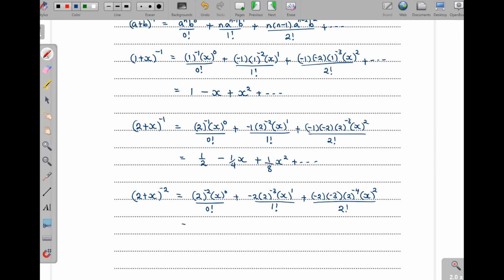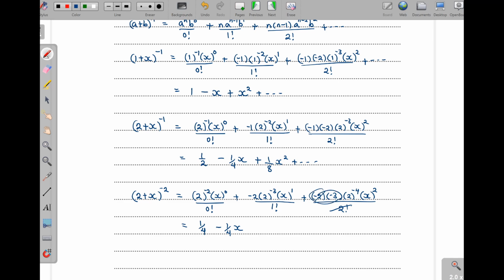Now this one will give us 2 to the power of negative 2, that's a quarter, and then here what do we have? We have negative 2, then times 1 over 8, because this will be negative a quarter. So minus a quarter of x, and then this one, the 2 is going to cancel with that, okay?